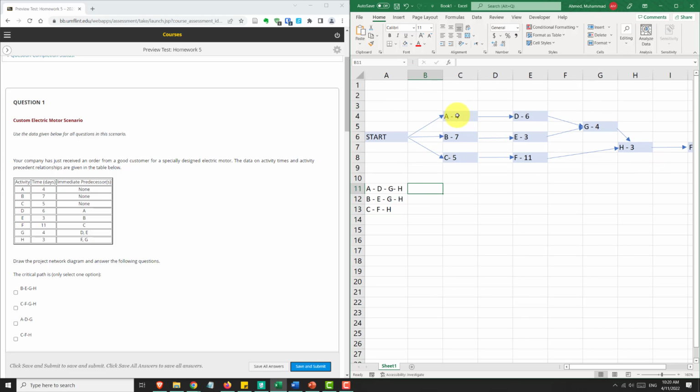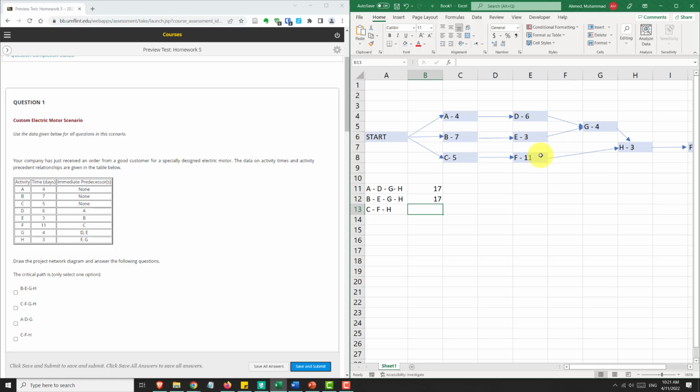on the path. So A, D, G, H will take 4 for A, plus 6 for D, plus 4 for G, plus 3 for H, 17 days. Similarly, B, E, G, H: 7 for B, 3 for E, 4 for G, 3 for H will take also 17 days.